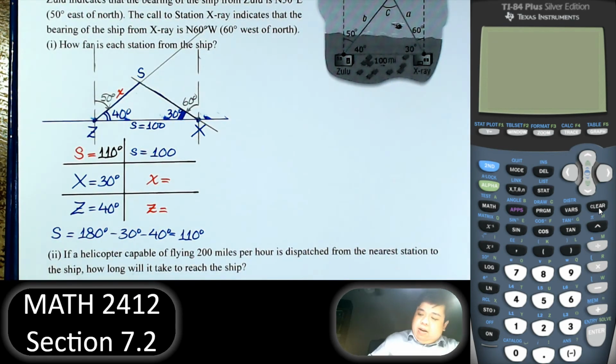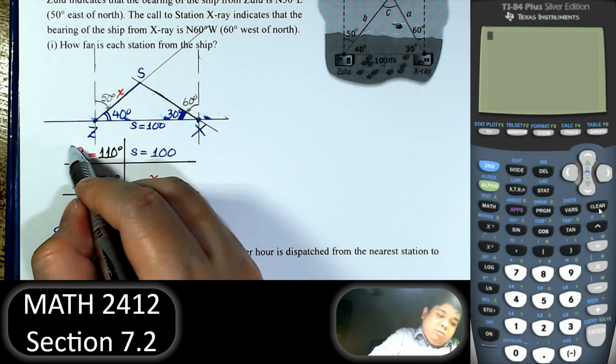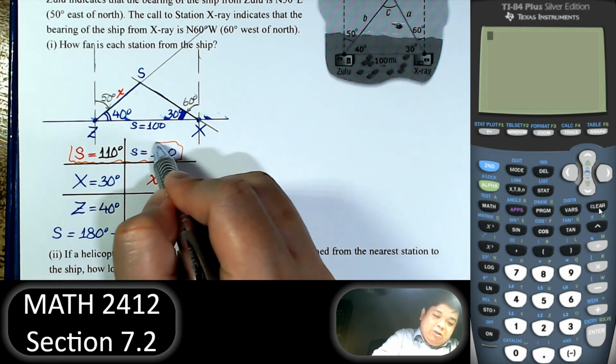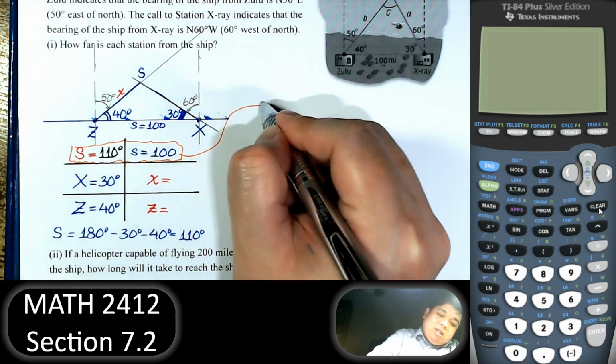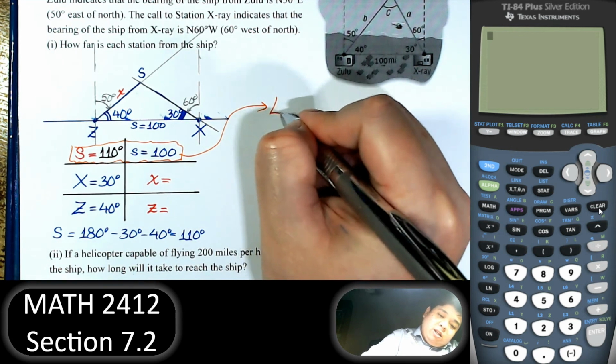Right. Now, just like when we solve a right triangle, when we have a pair of opposite side and angle, this is the law of sines.